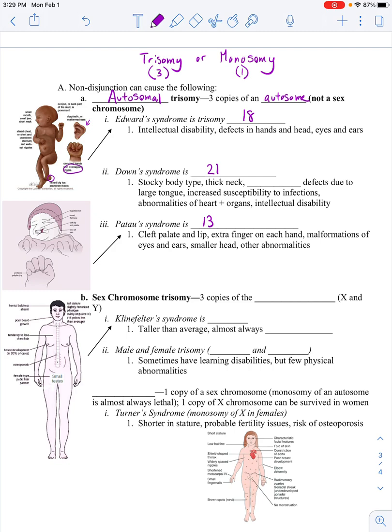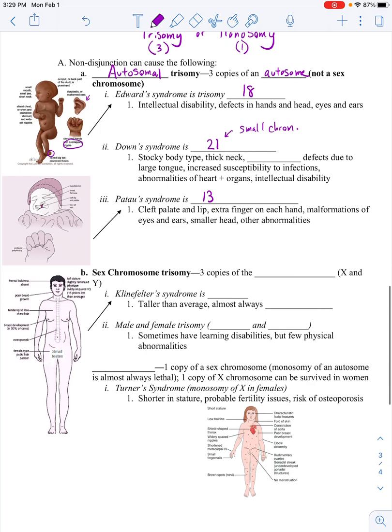There are some phenotypic differences, a stocky body type, sometimes some speech defects due to a larger tongue. There are intellectual disabilities with some individuals. But this, again, is trisomy 21, and this is a very small chromosome. So it's possible that because this chromosome has fewer genes on it, it is more survivable.